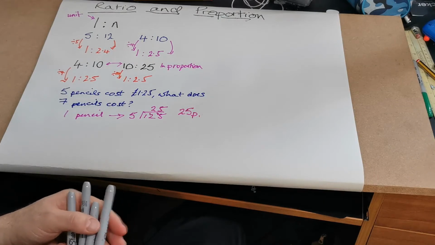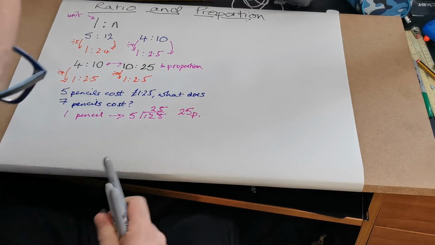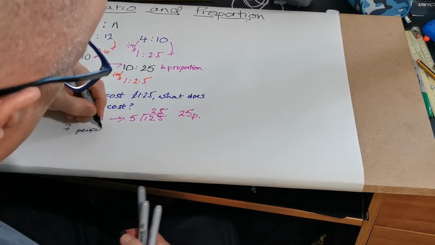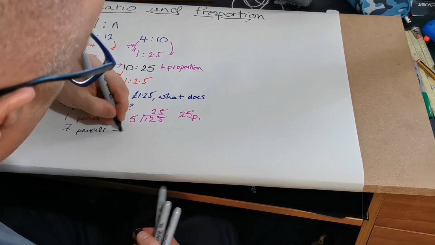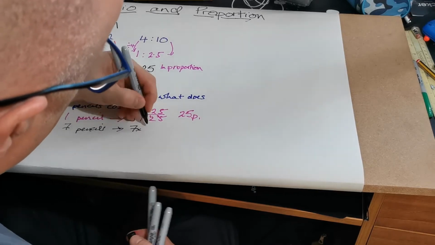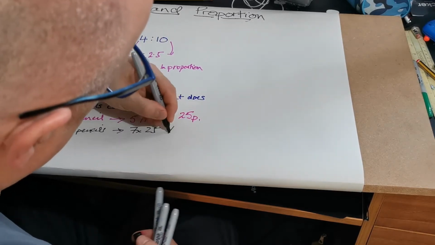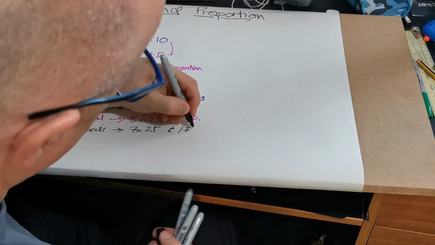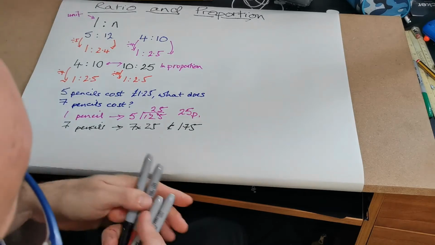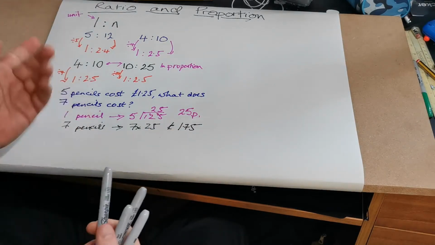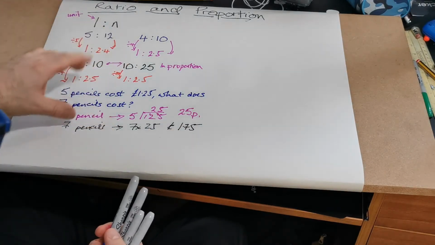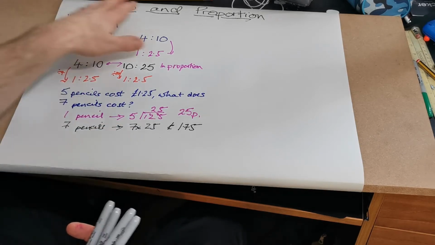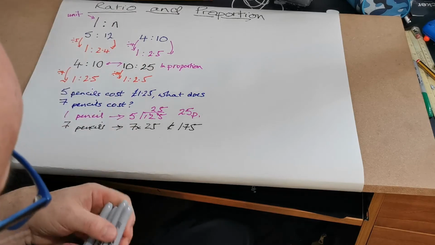And obviously then for 7 pencils, you would do 7 times 25, get £1.75. Now you can break that into a unitary ratio type question. I'm going to do exactly the same thing as I've done here, but I'm going to do it in a more formal way using this type of writing.